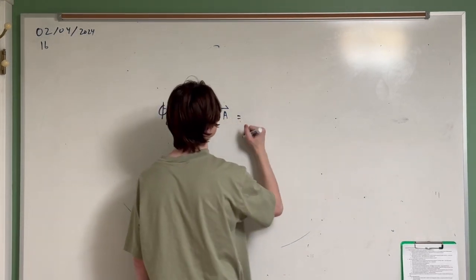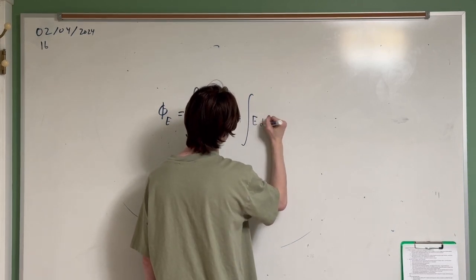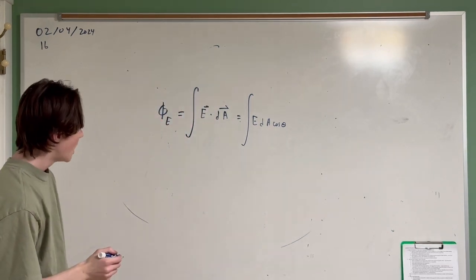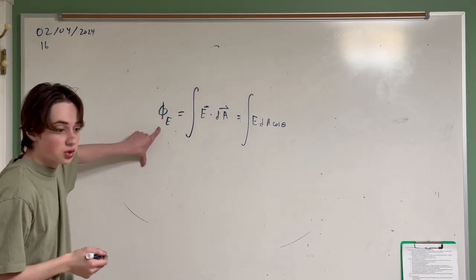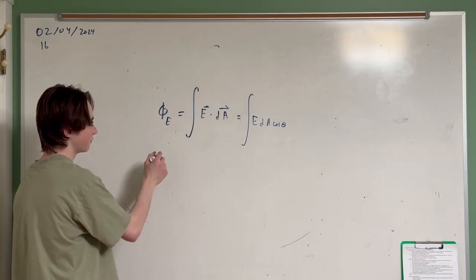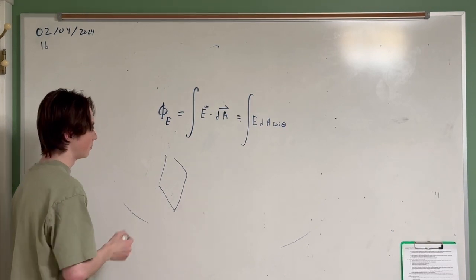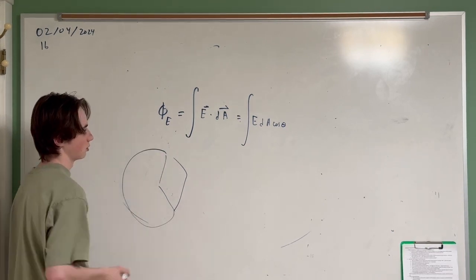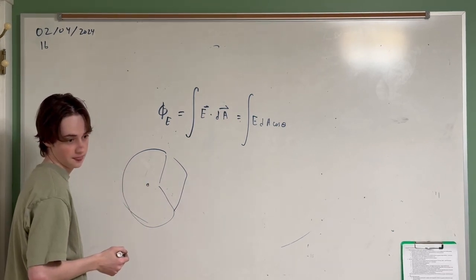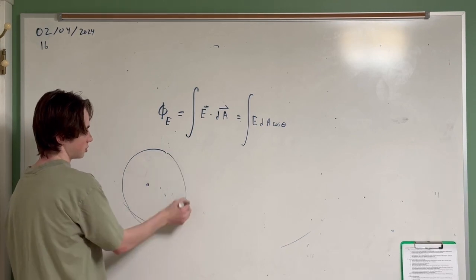So that's just equal to the integral of E times dA times cosine of theta. However, electric flux is almost always used to completely close off a surface. Typically, it isn't just measured as a little plane, but as a sphere or some Gaussian surface which encloses a charge to measure the total amount of field lines coming off of that charge.